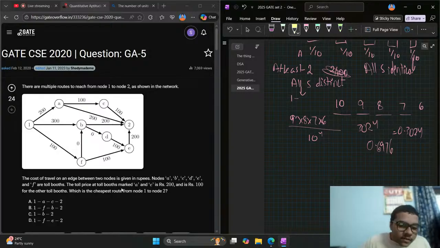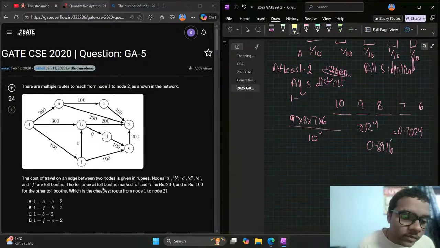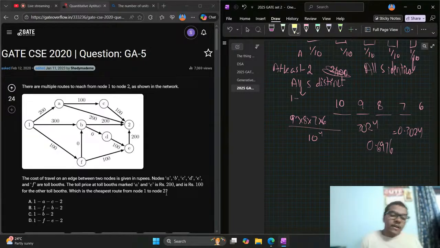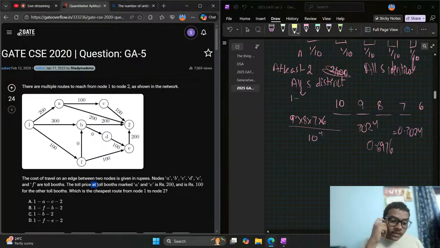The toll price at toll booths marked at A and E is 200 and 100 for all other booths. What is the cheapest route from node 1 to node 2?